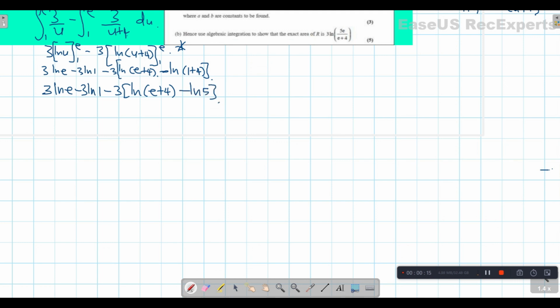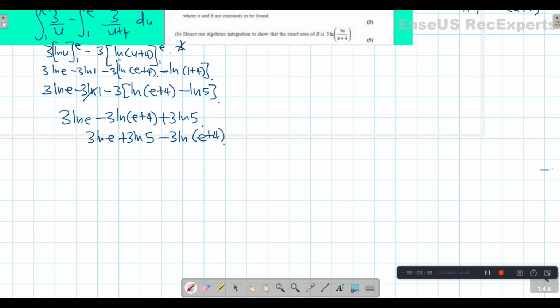Okay, so this becomes 0, so you have 3 ln e minus 3 ln e plus 4, and then plus 3 ln 5.